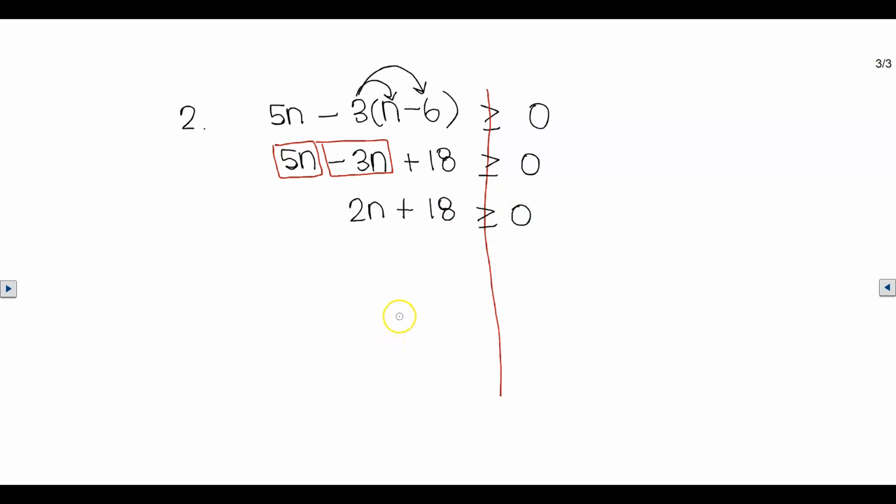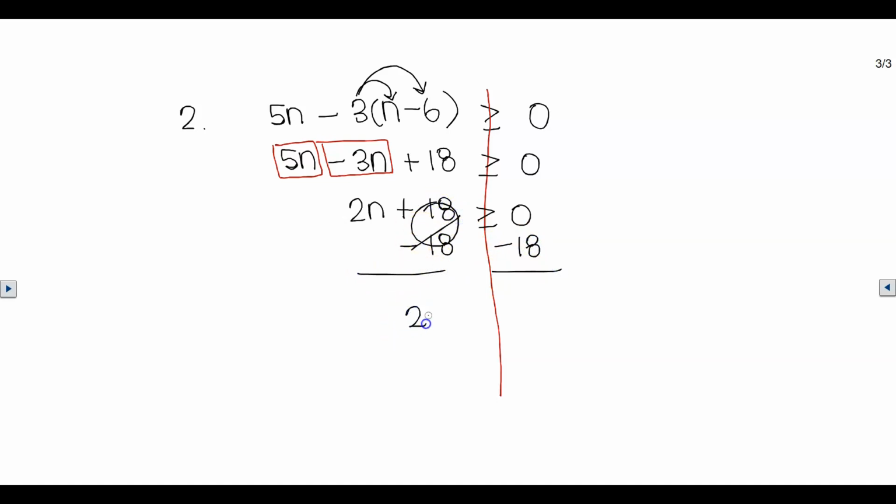Step 3, can I cancel the smallest variable? This time the answer is no, because there's only one variable in the problem. So I don't want to cancel that out. Step 4, undo adding or subtracting. I see adding 18, so I will do the opposite and subtract 18 on both sides.